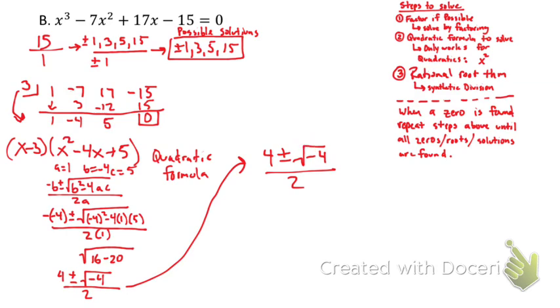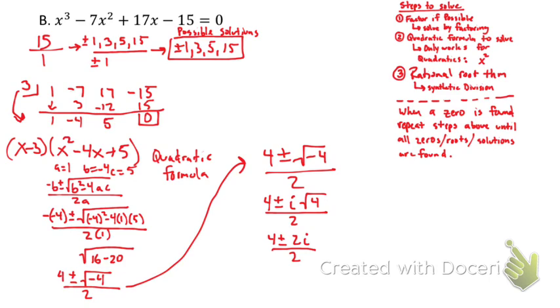So 4 plus or minus i, and that gets rid of the negative, so now I have the square root of 4 and I can do the math. The square root of 4 is plus or minus 2, and the i goes along for the ride, all over 2.